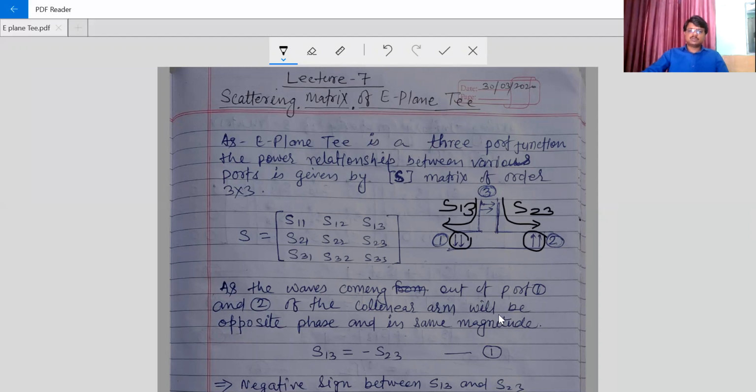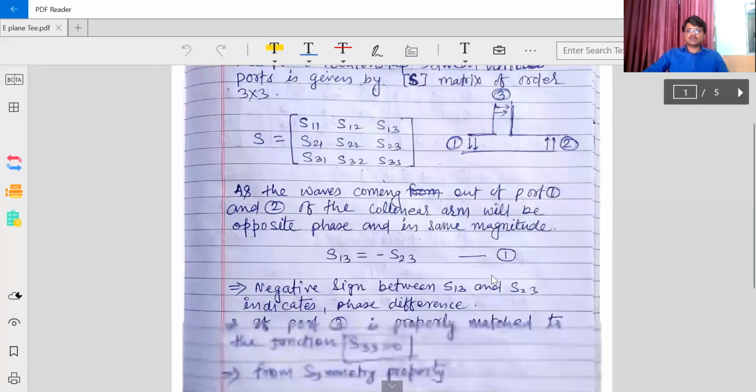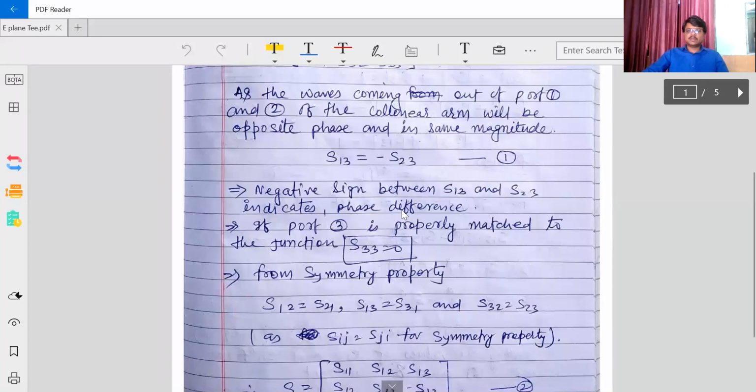So that is why we can write the relationship between S13 and S23 as S13 is equal to minus S23. Let us assume this equation as 1. The negative sign between S13 and S23 indicates the phase difference.